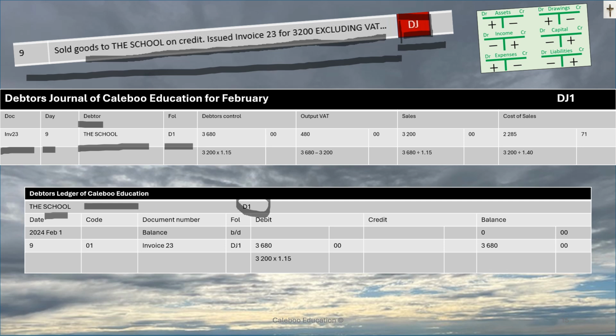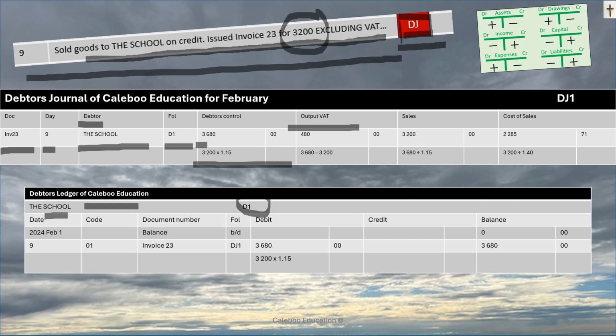Now the amount, I'll run through quickly. The debtor is charged VAT. That is called VAT output. We collect the VAT output plus the 3,200 from the debtor. And then remember, the output VAT is owed to SARS.